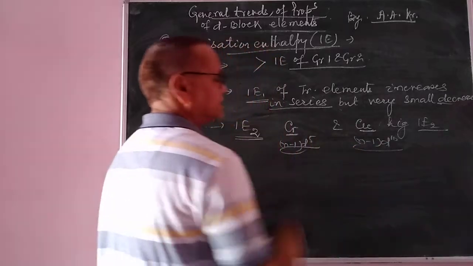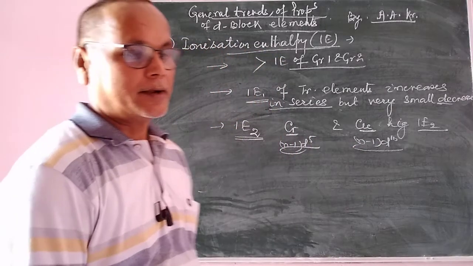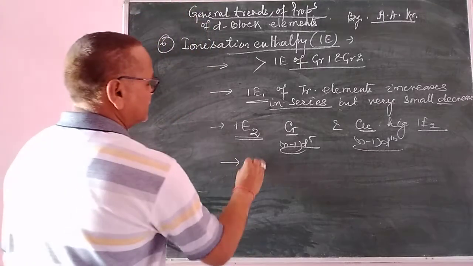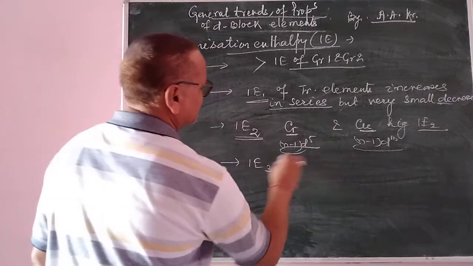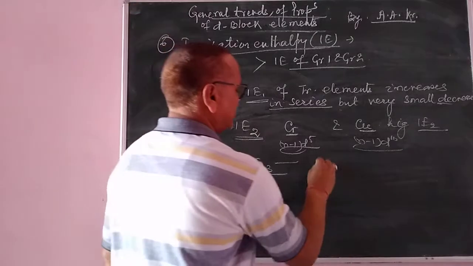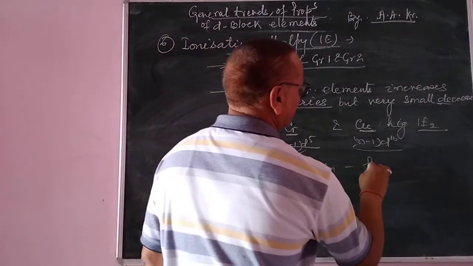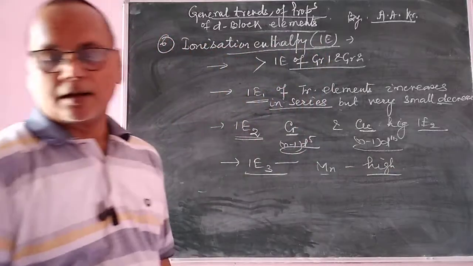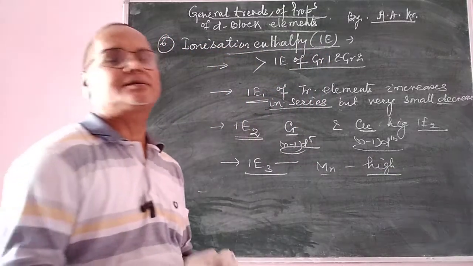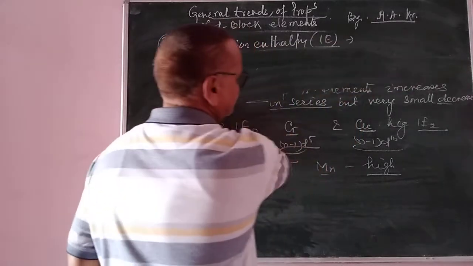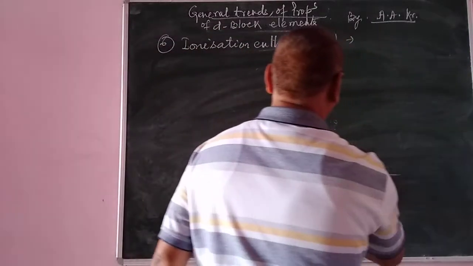So these are stable, and the second ionization enthalpy is large. But the third ionization enthalpy of Mn is high. So it depends upon the electronic configuration and the stability of the orbital.